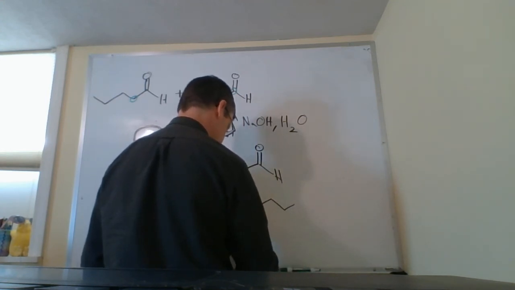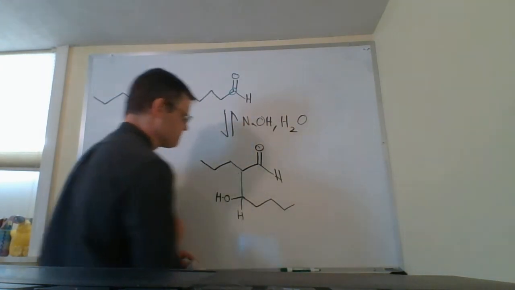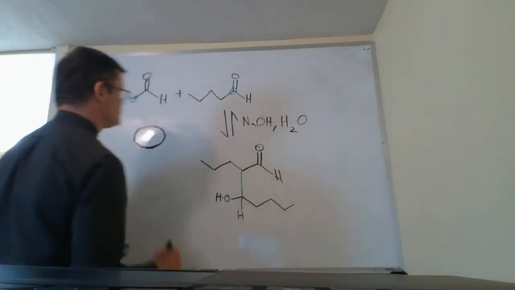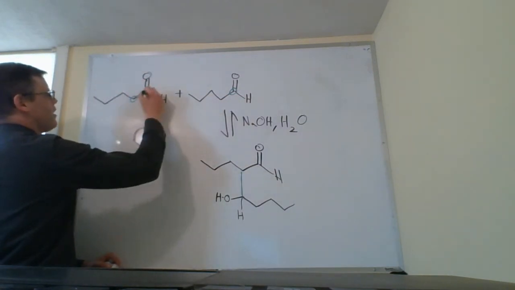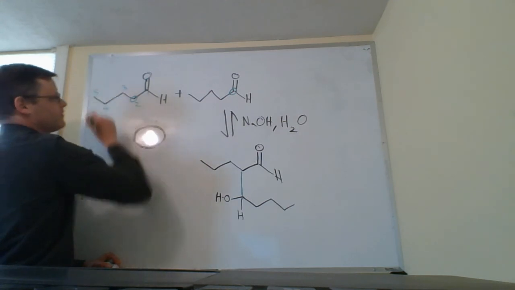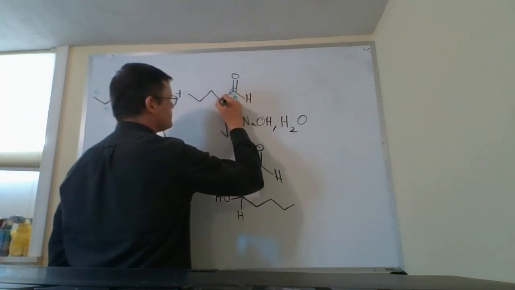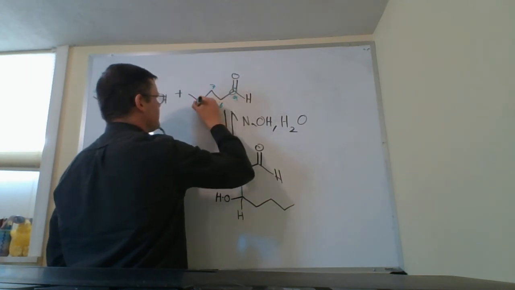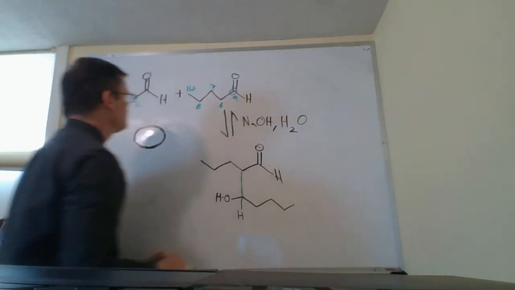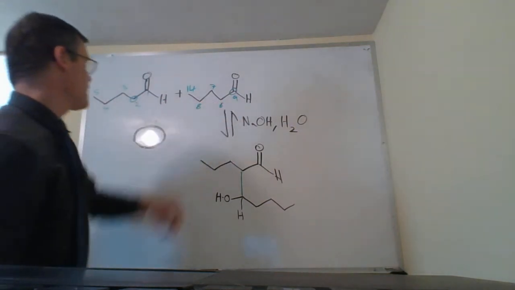We had a hydrogen here, and OH. Let me put some numbers here so you can see this. 1, 2, 3, 4, 5, and we'll call the others 9, 6, 7, 8, 14. The key thing to notice is we're making a bond between 2 and 9.